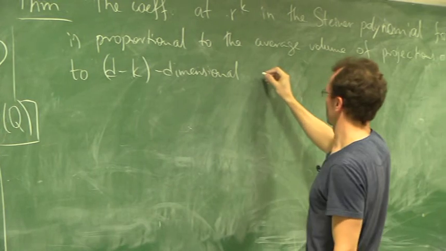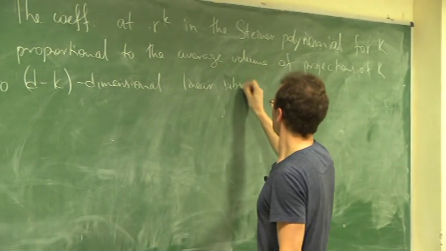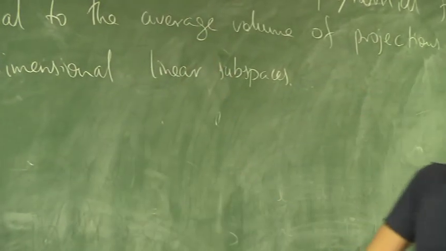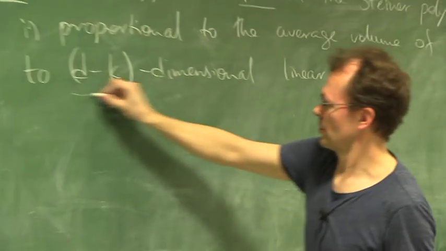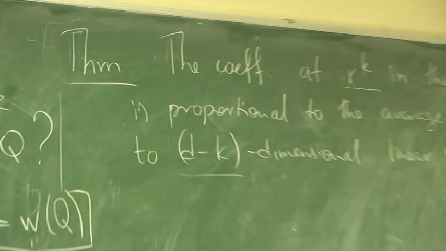So the coefficient at the term of order k comes from projections to d minus k dimensional linear subspaces.